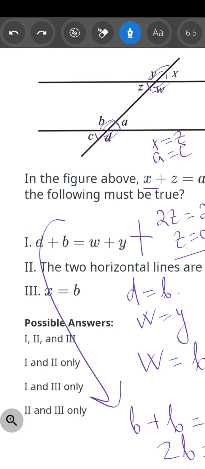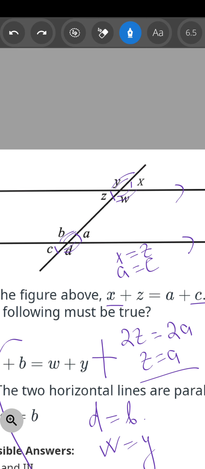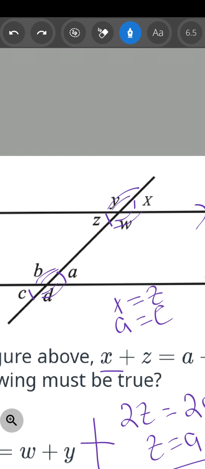And our third statement is that x is equal to b. X and b are not equal, because x and z are vertical angles, so their measures must be equal, and z and b are supplementary angles. It means that their sum must be equal to 180 degrees.